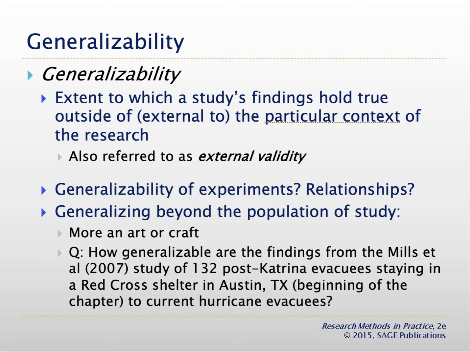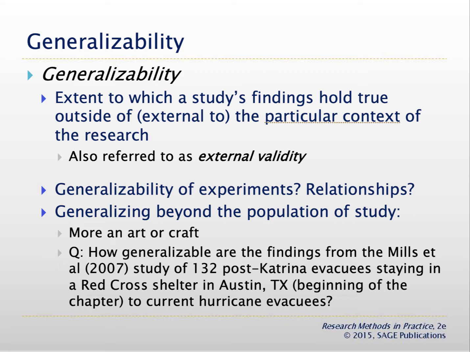But in the second half, we'll talk about causal studies, where you're trying to learn what works, the effects of programs. And it turns out that experiments to look at causation are more generalizable than you would expect from that kind of setting. It also turns out that even descriptive relationships are more generalizable than a lot of just averages and prevalences.